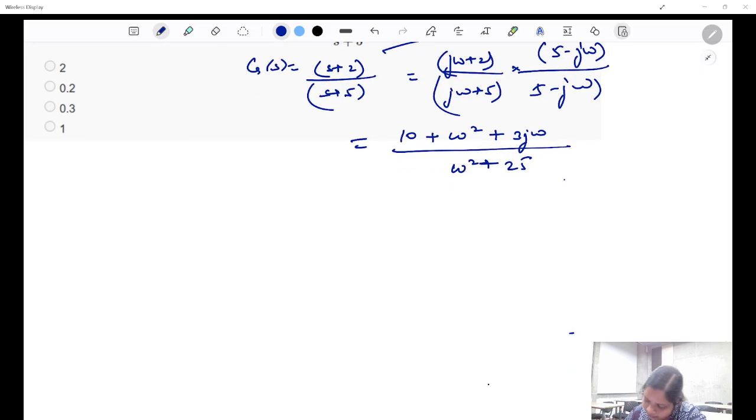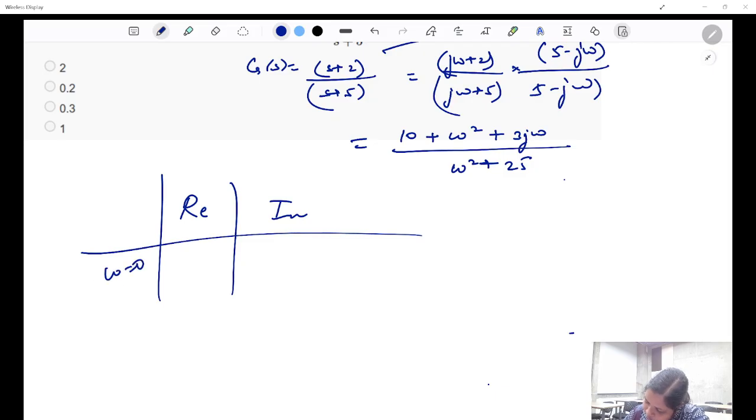So if we find the real and imaginary part at omega equal to 0 and at omega equal to infinity, if you put the value of omega to be 0, what would happen in the real part? It would be 10 upon 25, right? 10 upon 25 is 2 upon 5, so it is 0.4, and for the imaginary part it is going to be 0.